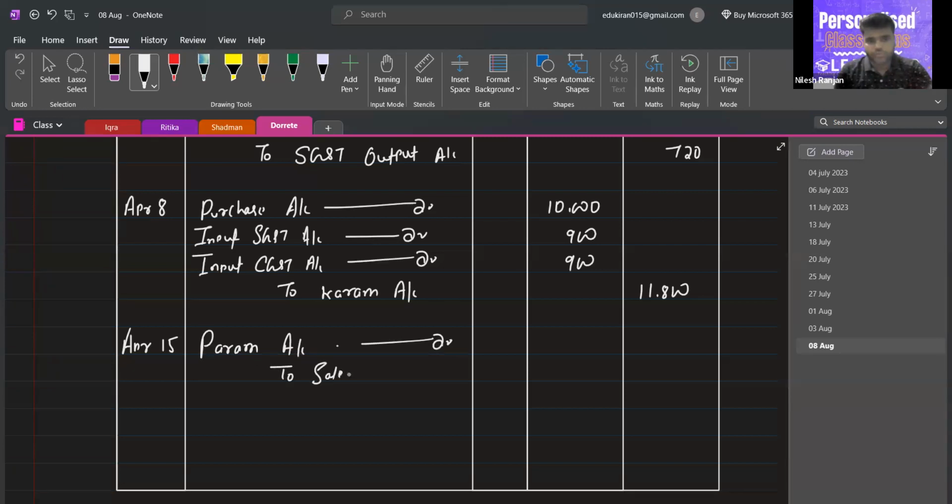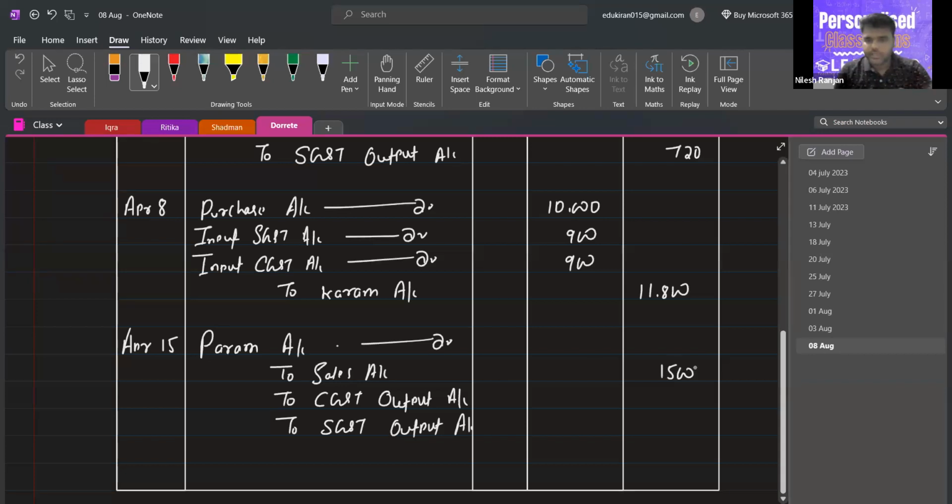Param account debit to sales account, to CGST output account and to SGST output account. Sale amount is 15,000 and 9% GST is 1,350. So it is 16,700. Is this clear?